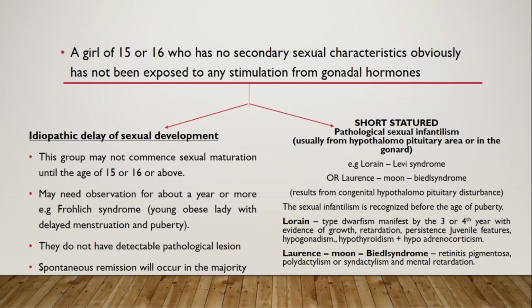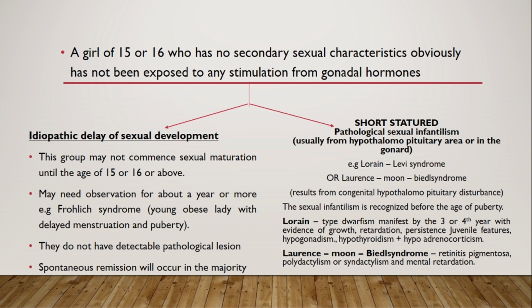For instance, the Laurent-Levy type dwarfism manifests by the third or fourth year with evidence of growth retardation, persistent juvenile features, hypogonadism, hypothyroidism, and hypoadrenocorticism.